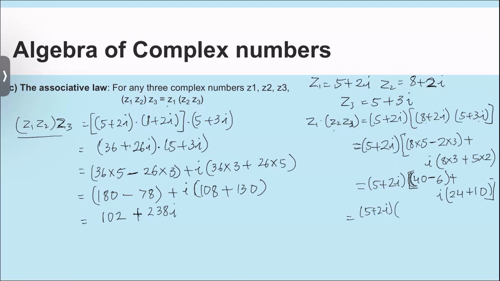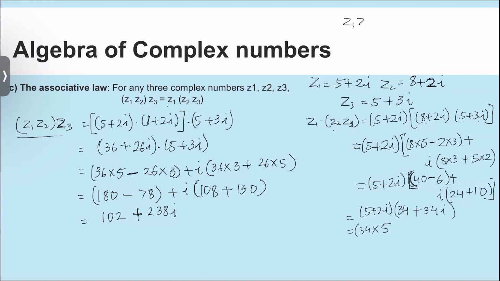What you are left with is 34 plus 4i. If you solve this now, again you take it in the similar form.